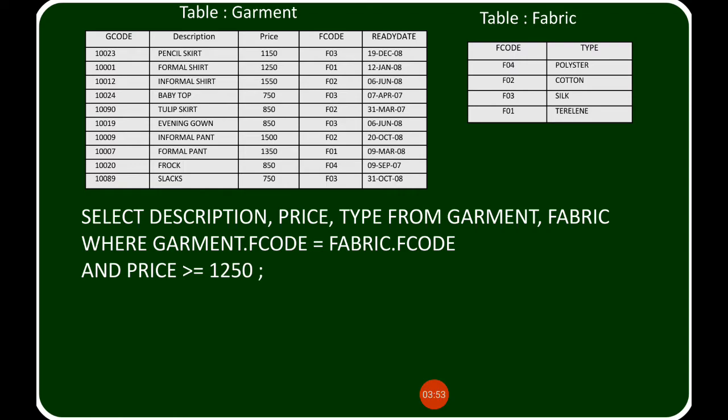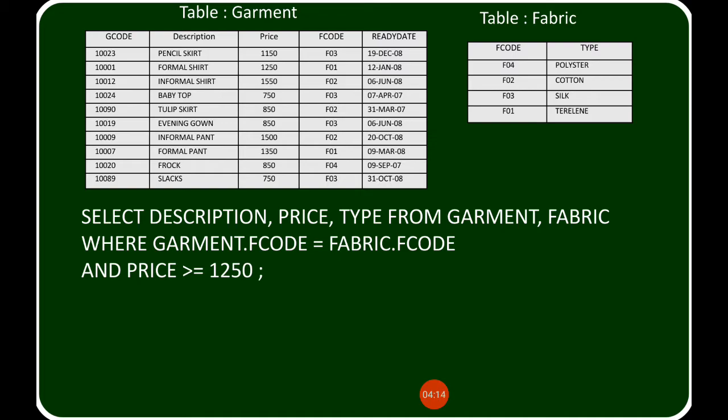Now this clause is very important to create an equijoin. Here we have to fetch the values from both the tables wherever the F code will match. So we'll write garment dot F code equal to fabric dot F code.